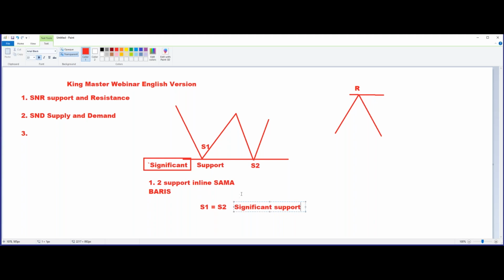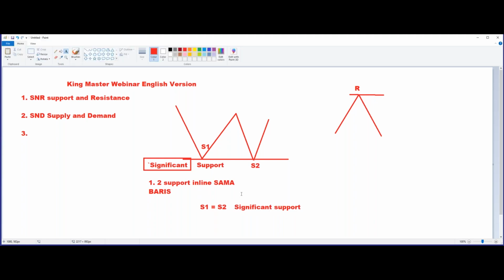Always look for this, because we are looking for a place where significant support is broken by the supply zone or by kings. Later we will learn. Let's suppose you have one resistance here and price goes up, and again it goes up at the same place, at the same line.